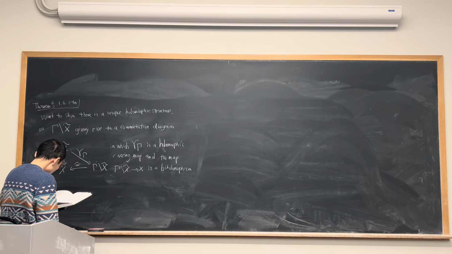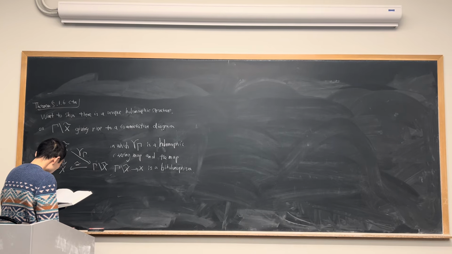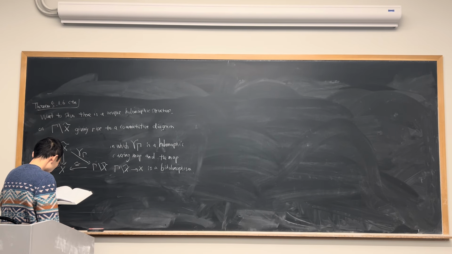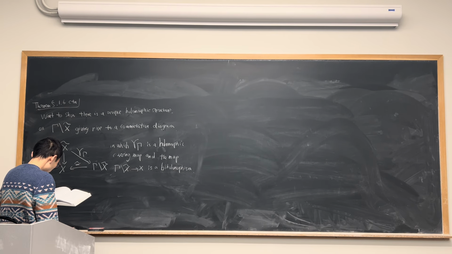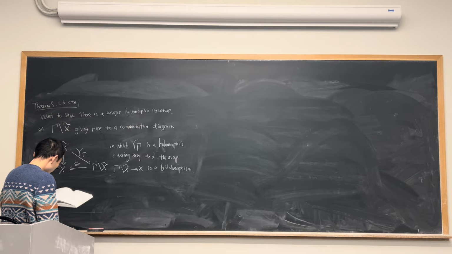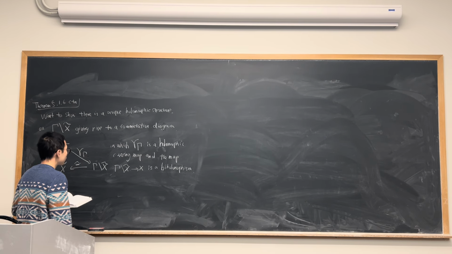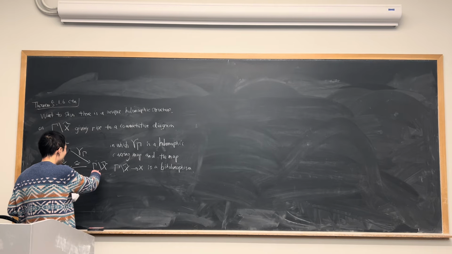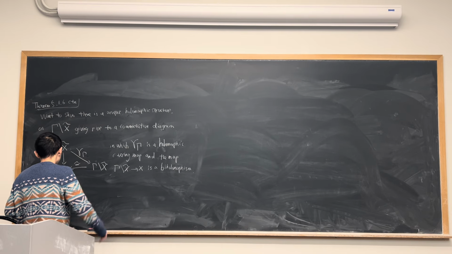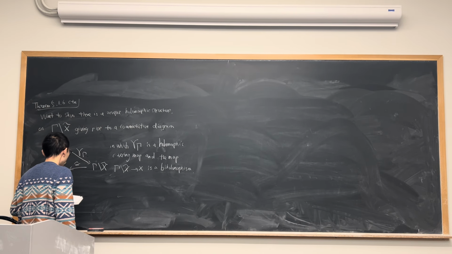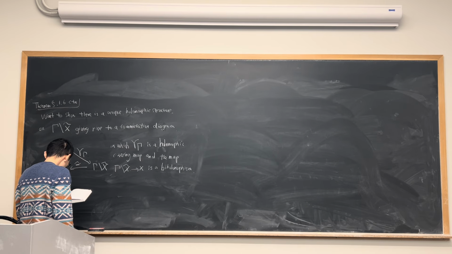So we want to show that there is a unique holomorphic structure giving rise to this commutative diagram, such that this map from this quotient space to this X is a biholomorphism.